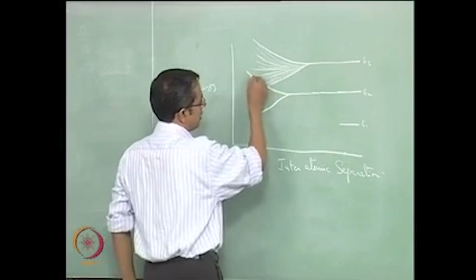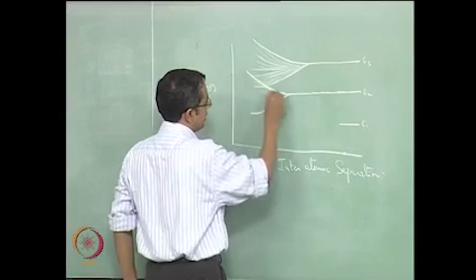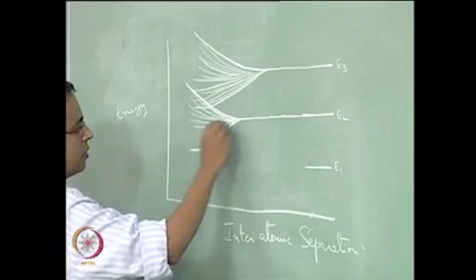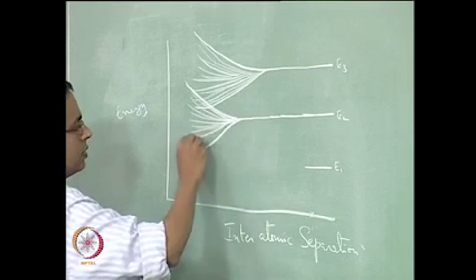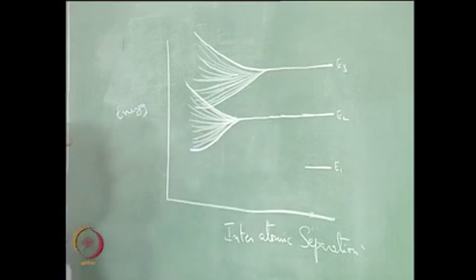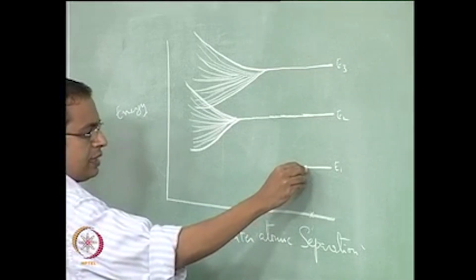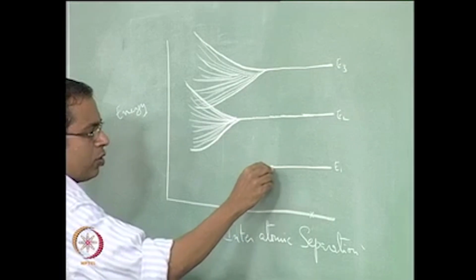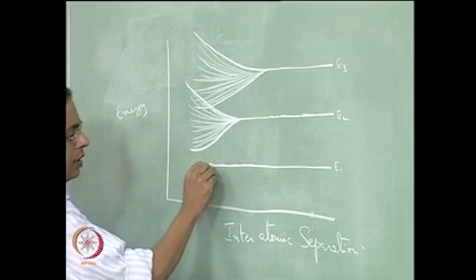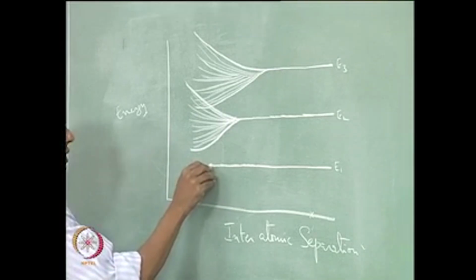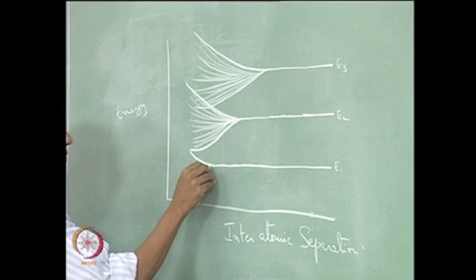So you see a behavior that looks like that. Again, that consists of a series of energy values. So you see something like this, right? And for the lowest energy value that we are looking at, the same concept will hold true. You have to go much deeper, you have to bring the atoms much closer before they begin to overlap, and so you start seeing a behavior that looks like that.